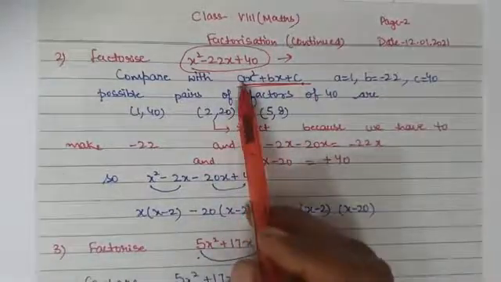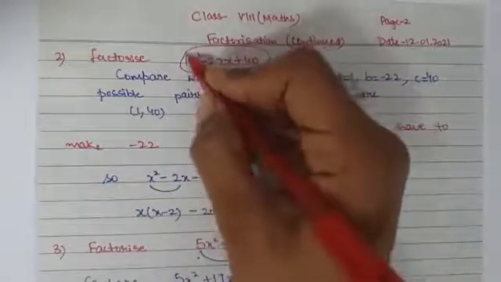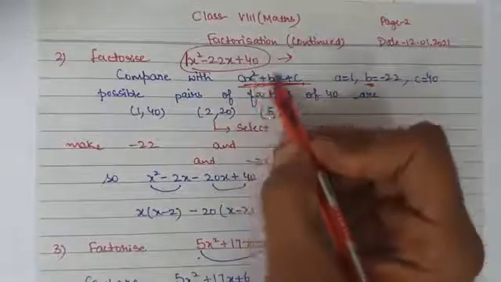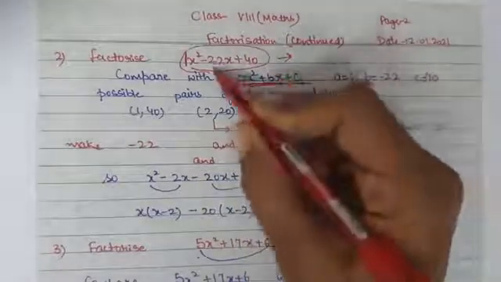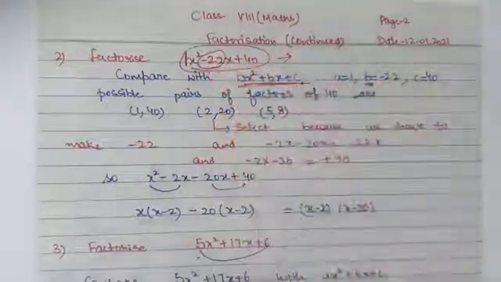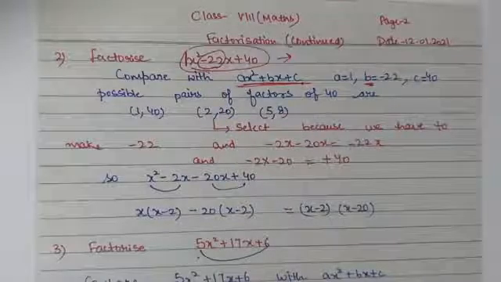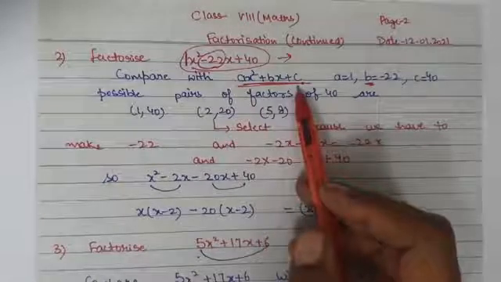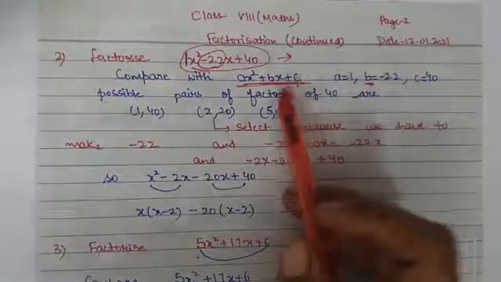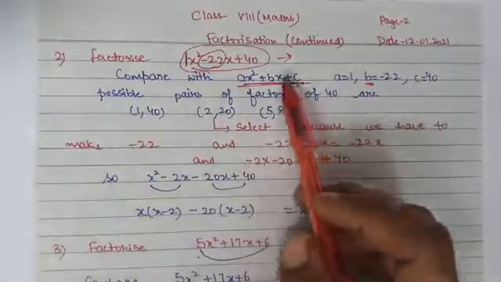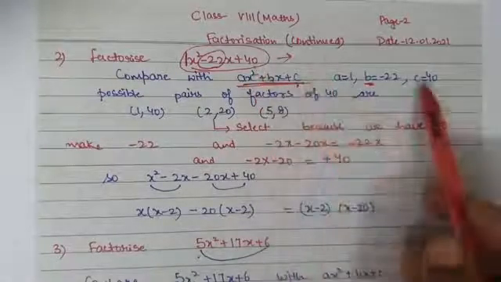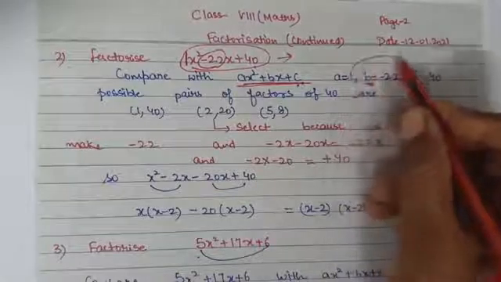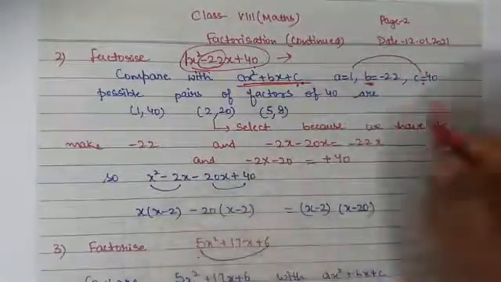So on comparing, a is equal to 1 and b is equal to minus 22. The negative sign we will also take, because in the general polynomial there is only a positive sign. And what will be c? c will be 40. So now multiply a with c, we get 40.